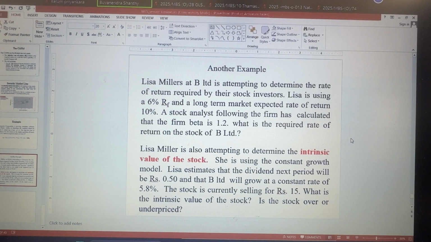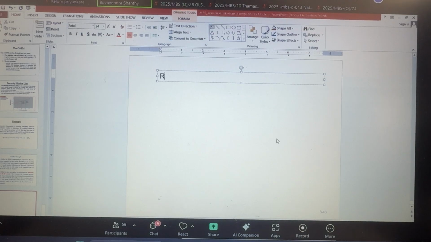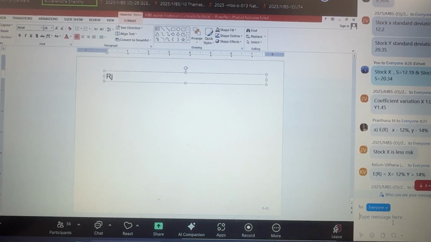What is the answer? Find the answer for the first part using the CAPM model. We need to calculate the required rate of return of this company.